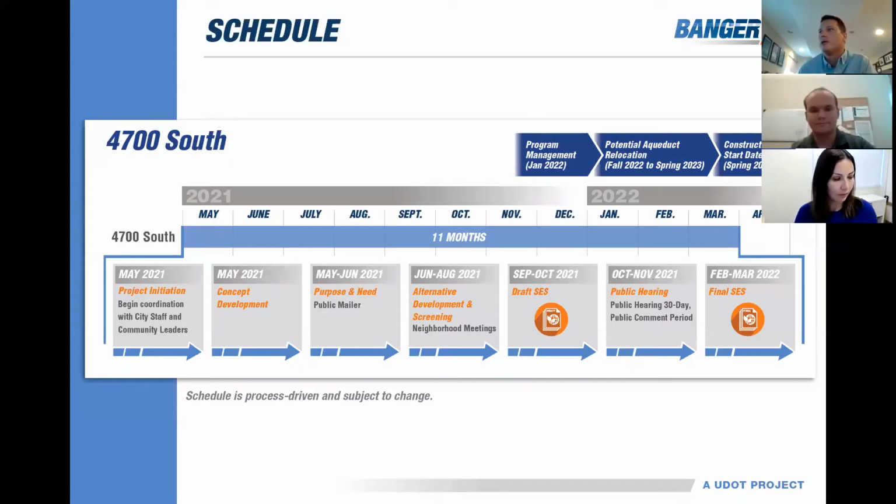When do we expect construction to begin on these interchanges? So you can expect right-of-way acquisition to begin in 2022 with construction beginning in 2023. If an aqueduct has to be relocated, that's typically the first item of work that will be done. If it does not, then we'll move forward with construction.